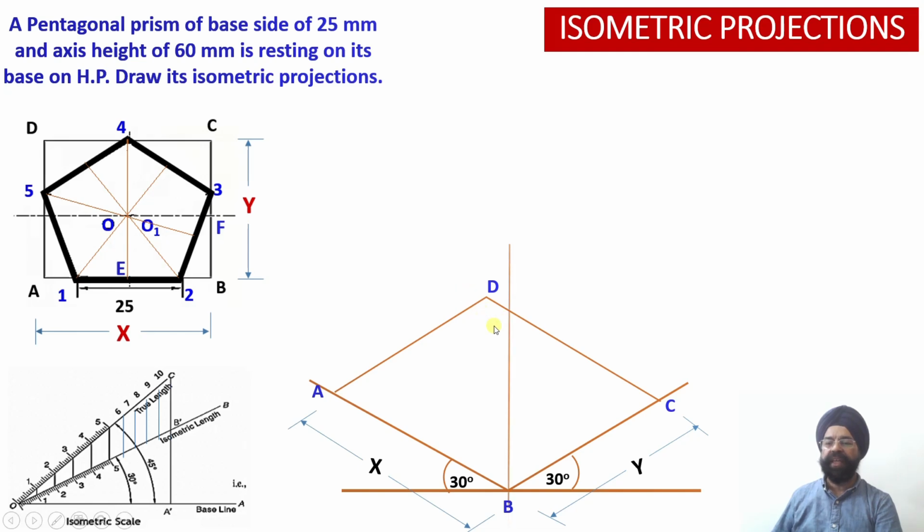Once you create a base shape, now the axis height, that is equal to 60 millimeter, we are going to mark from all the 4 corner points A, B, C, D, so that we are able to obtain the top face of this pentagonal prism. So this is the second vertical edge corresponding to the height of the axis, which is 60 millimeter.